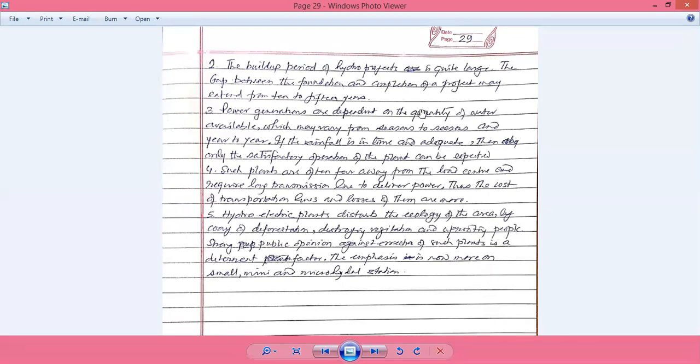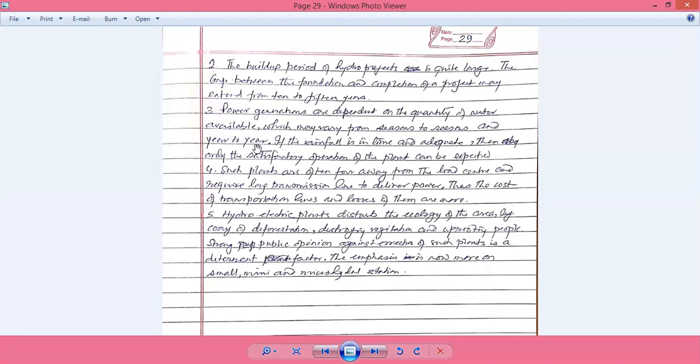It totally depends on the quantity of water, which we don't have much influence to increase or decrease, and which may vary from season to season. In the rainy season there is a high amount of water, but in summer there is much more limited water, and the monsoon is not the same every year. Human beings have no control over the monsoon.